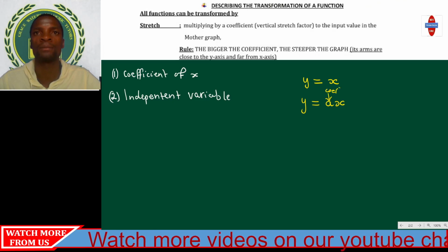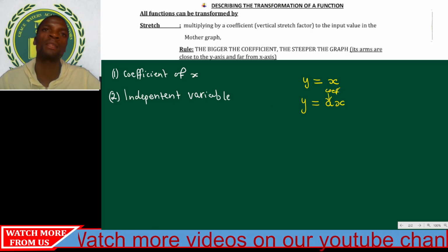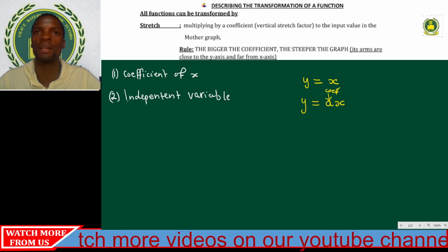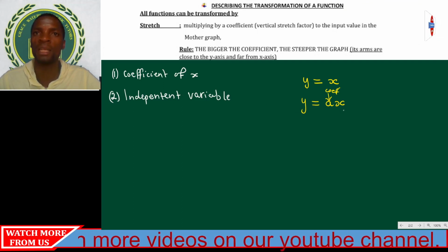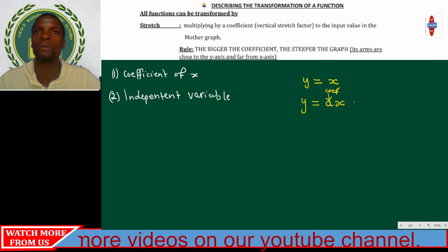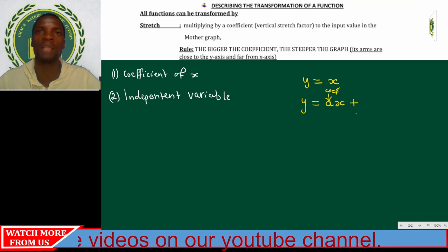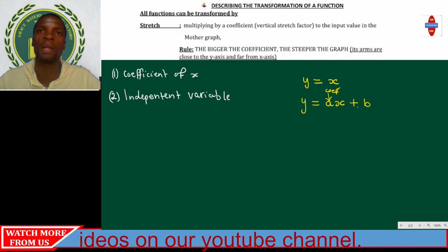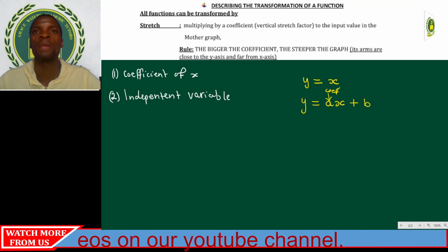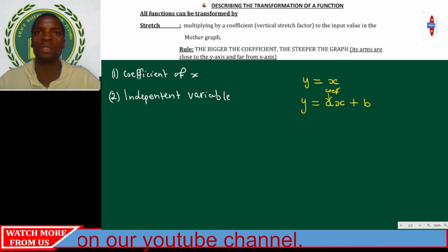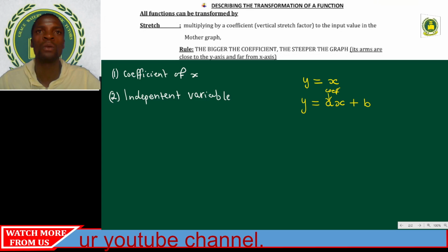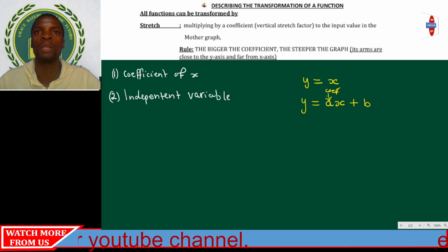Okay, and then after that we need to consider the independent variable. The independent is a standalone variable, like a number that is not attached to x, which is, let's say, plus b. So if you look from the mother graph, we have inserted two things here. Number one, the coefficient. Number two, the independent variable.